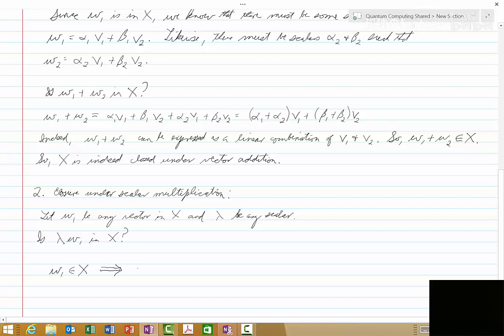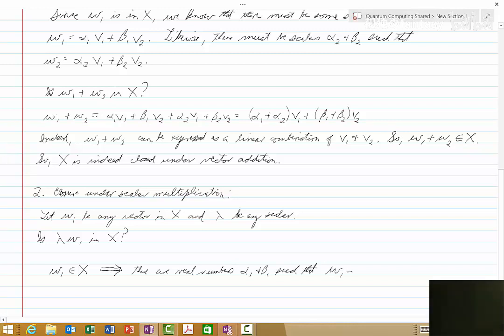implies that there are real numbers alpha 1 and beta 1 such that W1 equals alpha 1 V1 plus beta 1 V2. This is just what we had before.